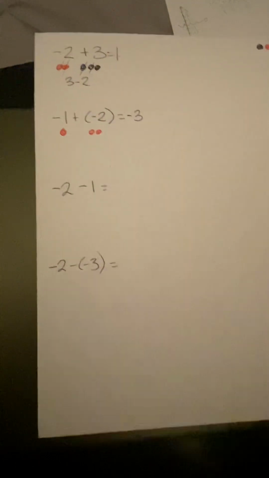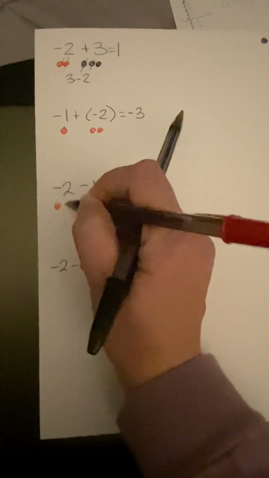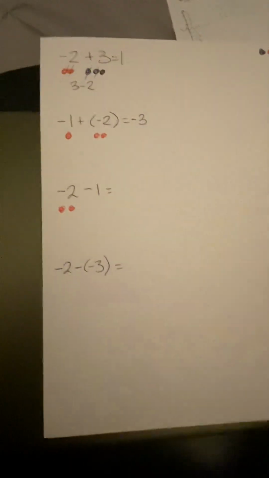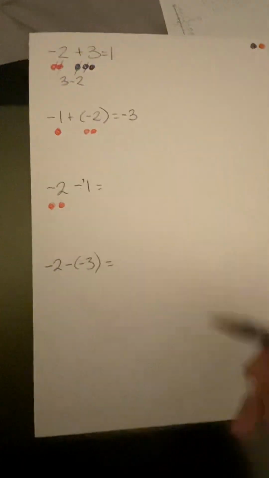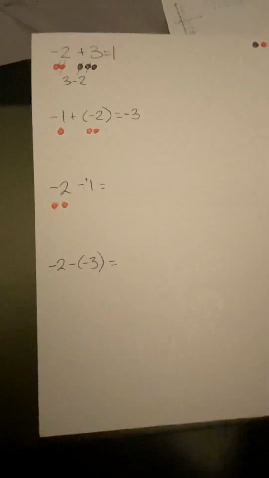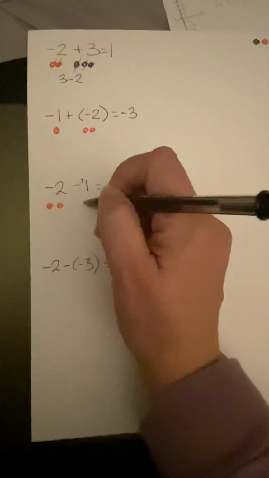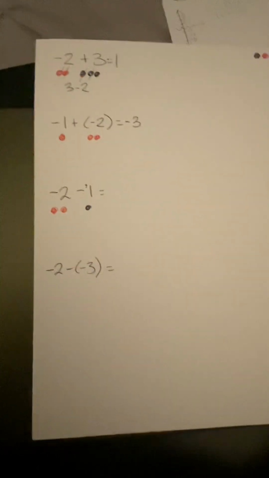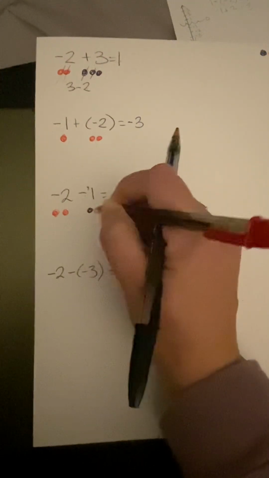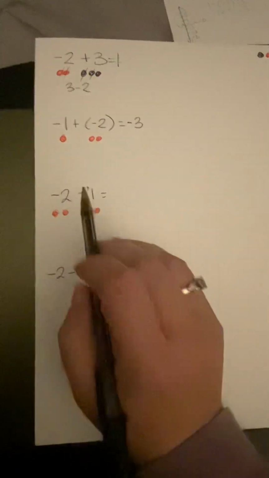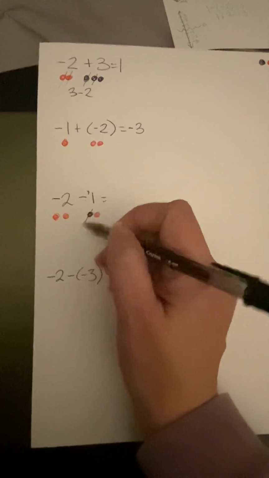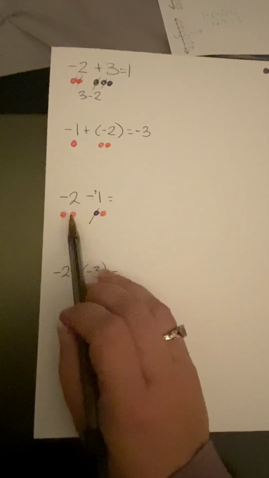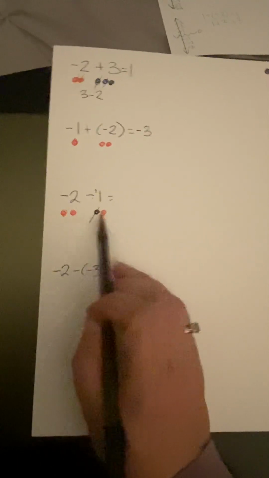I start here with negative 2, and I want to take away positive 1, but I don't have any positive integer chips here to take away, so I'm going to add in a 0 pair. Now I can take away a positive 1 integer chip, and you'll notice here that I'm left with negative 3.